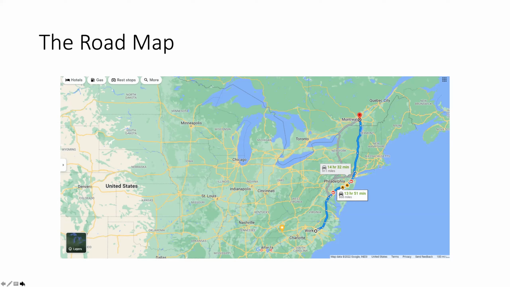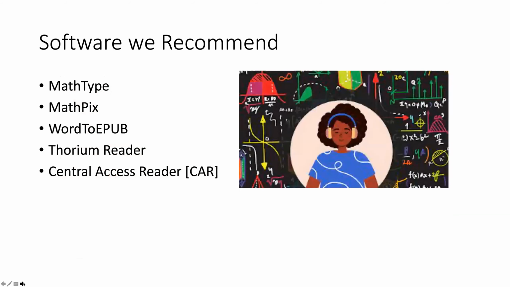So we'll go through this roadmap. This is our 1.0 version. It has screenshots and takes you step by step through how to create accessible math here. So the software we recommend is MathType, Mathpix, and I'll have links to all of these.